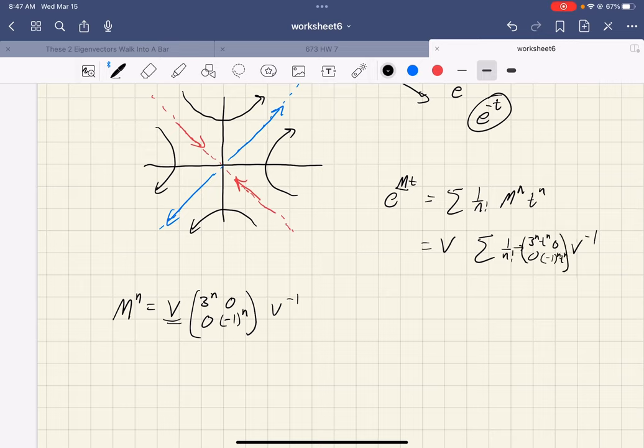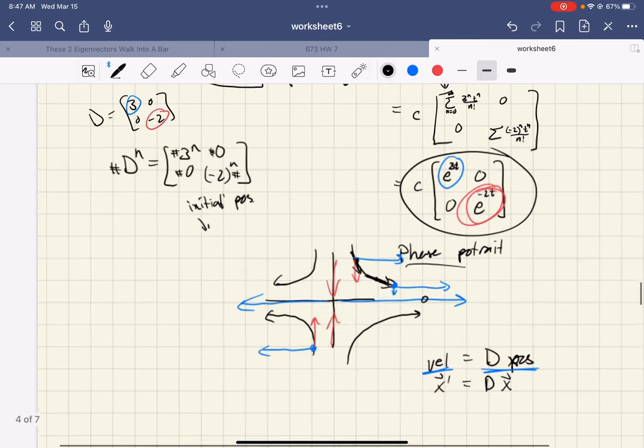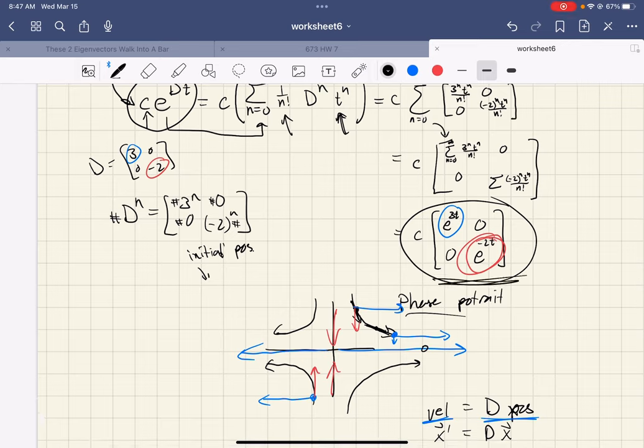I could have put the n factorial on the inside, but I just didn't. Okay, whatever. And so, when you simplify this all out, you'll have V, e to the 3t, 0, 0, e to the minus t, and then V inverse. This should be very reminiscent of this.